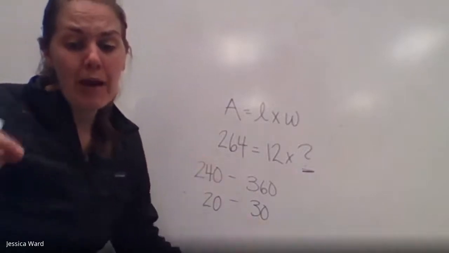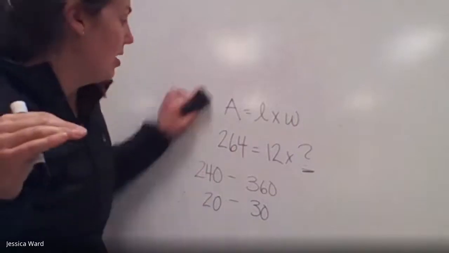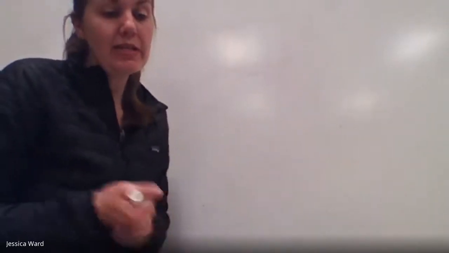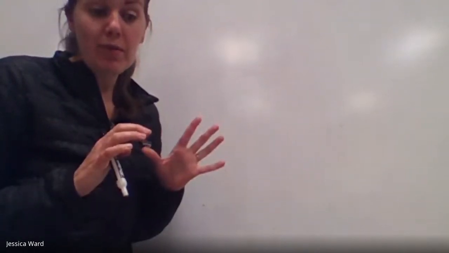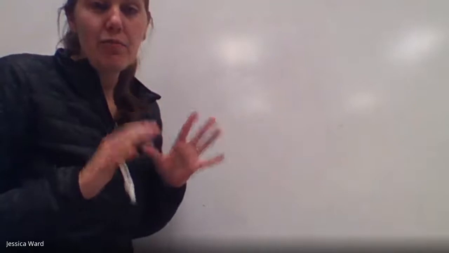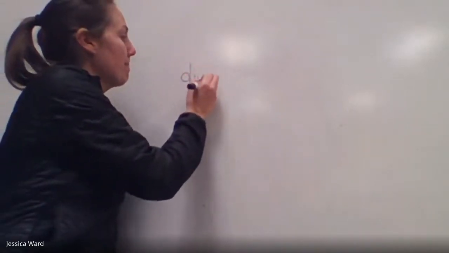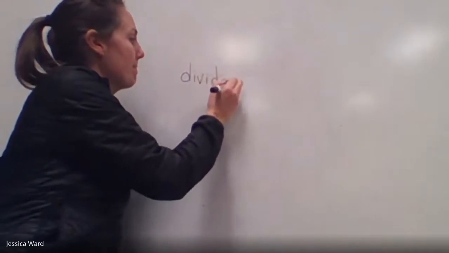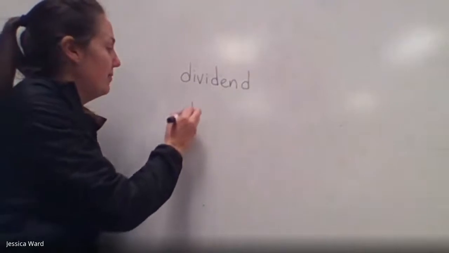Now I want to go back to what it's talking about with a divisor. So we're going to turn to the next page, page 79. You'll see that there is a chart. We're just going to focus on number 1, and it has some words. The first word is dividend. The second word is divisor.